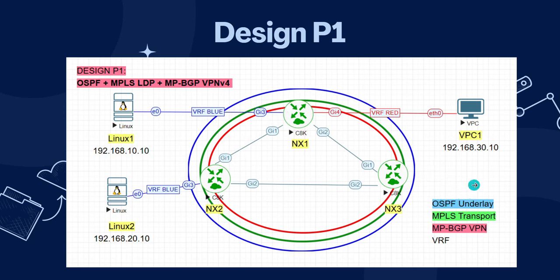OSPF is on the underlay, MPLS is on the transport layer, and MP-BGP VPN is used to exchange the VRFs. So in case Linux 1 wants to communicate with Linux 2, it uses different VRFs, exchanged by MP-BGP VPN.